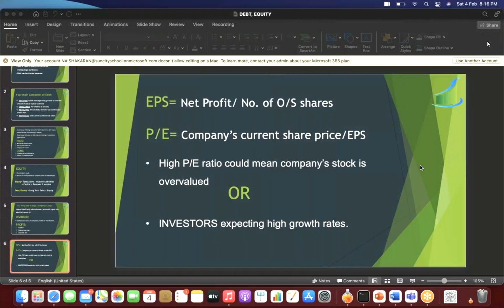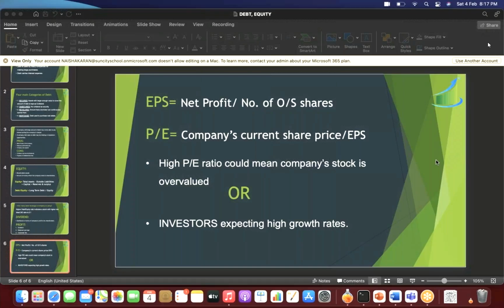Now, the next thing that has been given in the slide is that a high price earning ratio means that the company's stock is overvalued. Now, how do we come to know that the price earning ratio is high when there is no ideal price earning ratio? We come to know about that by comparing it with the competitors in the same industry.